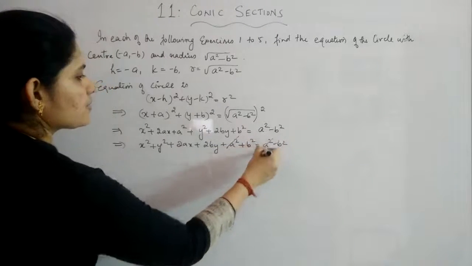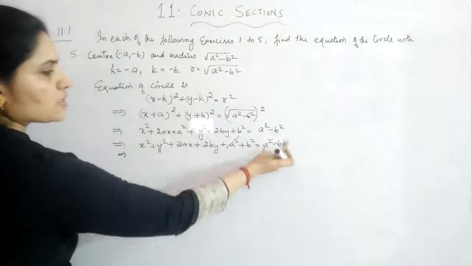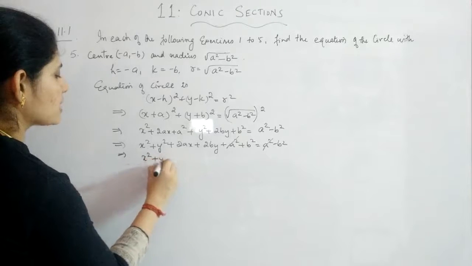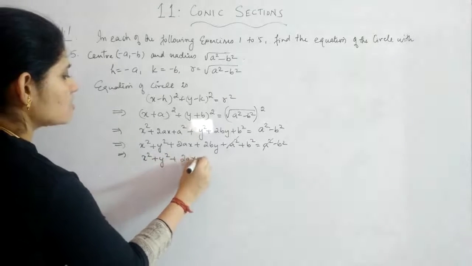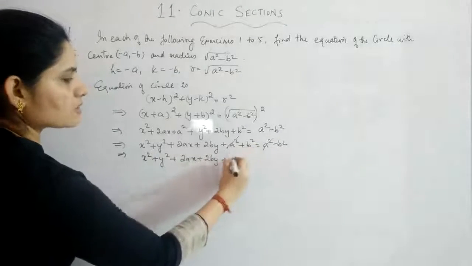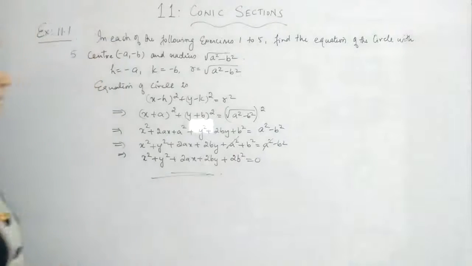That means the same sign term a square can be cancelled, and this minus b square will come here, it will become plus b square, so that the equation becomes x square plus y square plus 2ax plus 2by plus 2b square equal to 0.